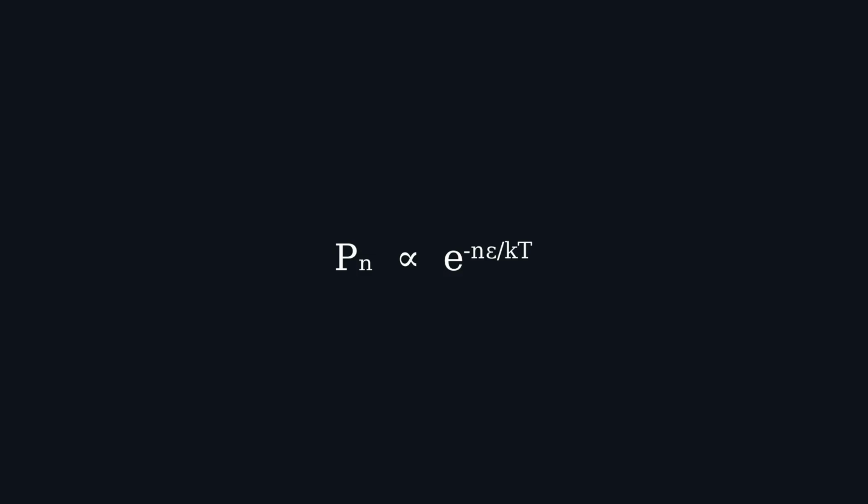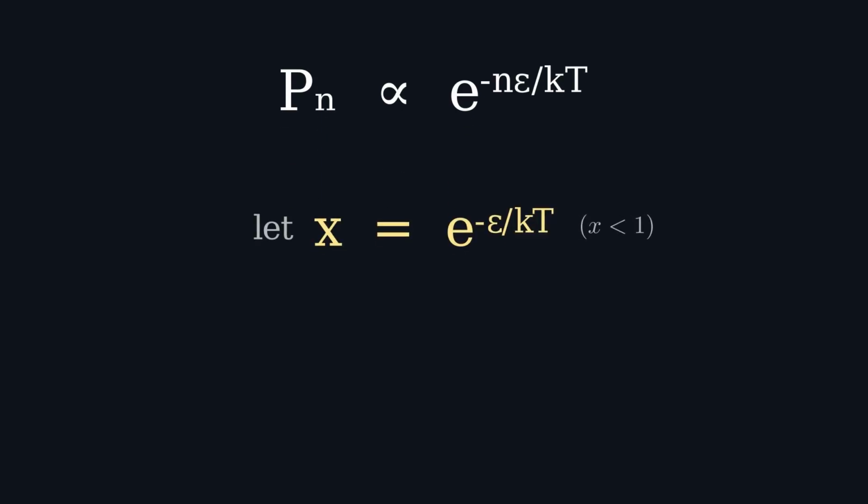energy level. We can visualize this probability distribution by doing a neat trick. If we take the value of the energy step size, epsilon, as a constant, and we imagine the temperature T at a fixed value, since k, the Boltzmann constant, is a constant already, we can imagine e to the power of negative epsilon over kT as a constant at every energy level, and we can call that x.